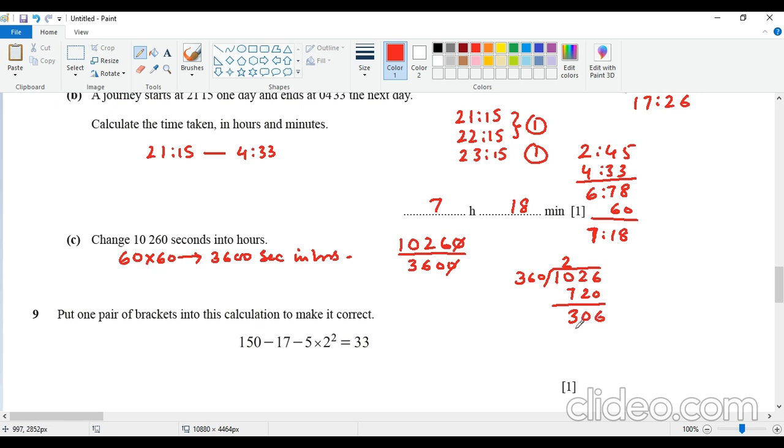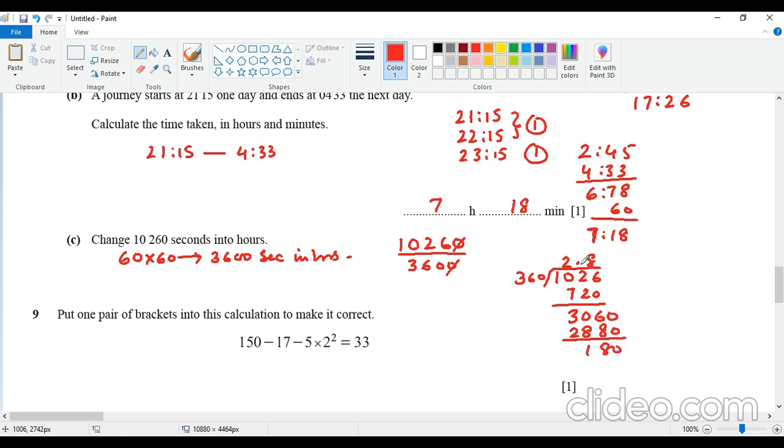Since this number is less than 360, we put a decimal here and bring a zero down here, so making it 3060. Now you know very well 360 times 8 is going to be giving you 2880, and once you subtract, you get 180.